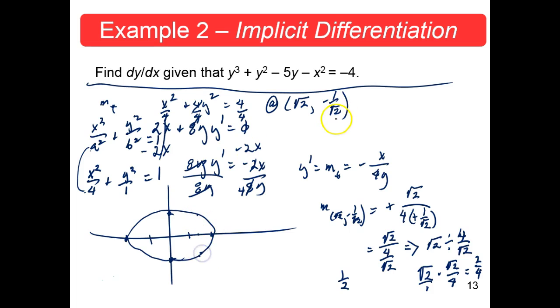Well, this told you you're down here at negative 1 over root 2, which, by the way, is about 0.707. So that looks about right. And what's your slope at that point? Sure enough, the tangent line looks like it's about 1/2. It's a gentle slope, not very great slope, but positive. So yeah, that looks pretty good.